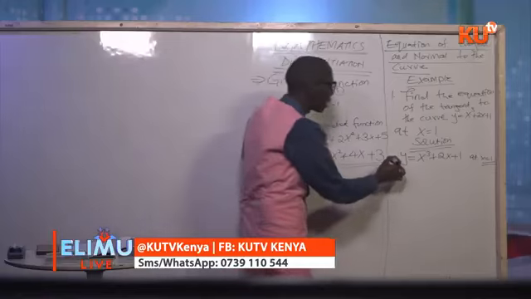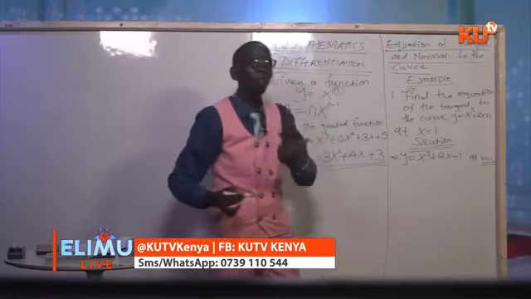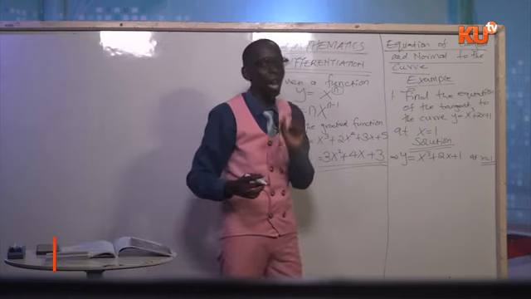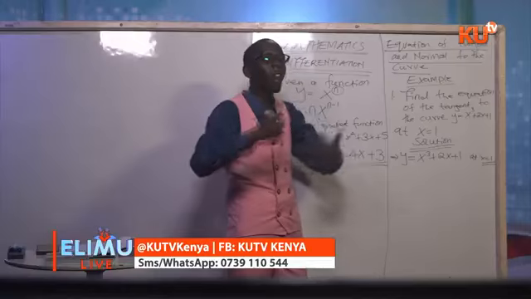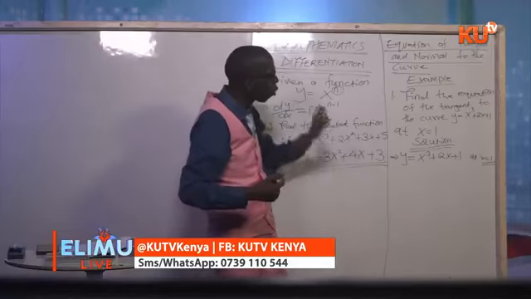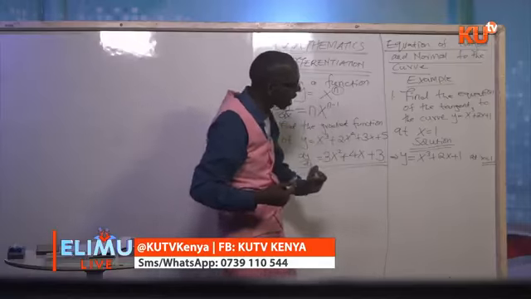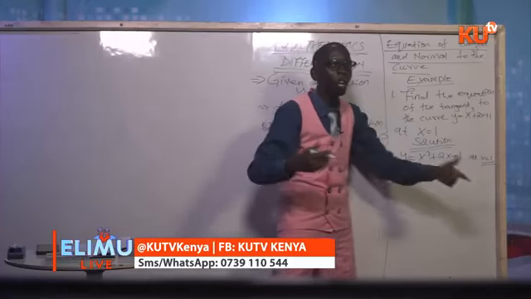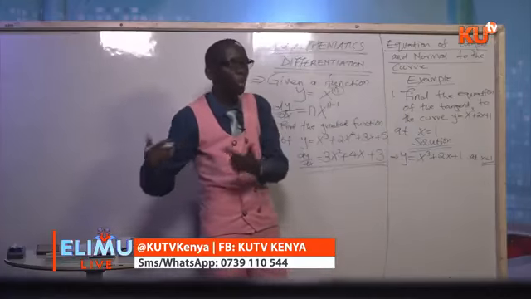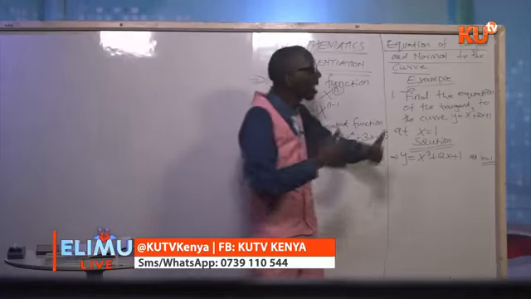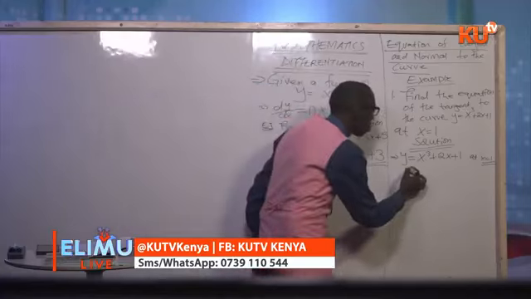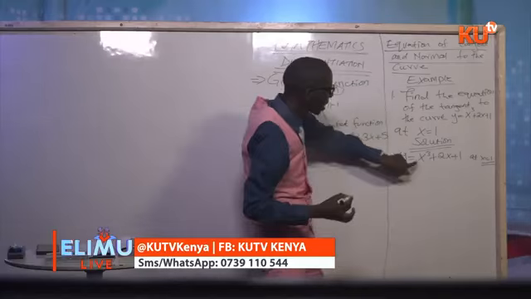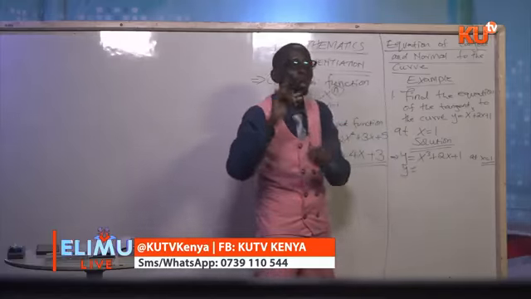So, my dear student, if you are just given the value of x and you're not given the value of y, you will first find the value of y. We get the value of y when x is 1. Where there is x in this equation, you substitute with 1.